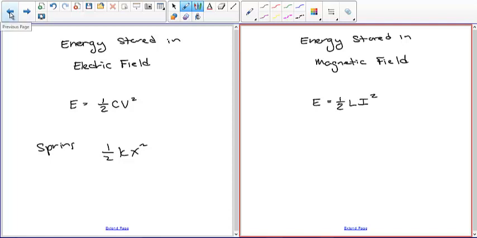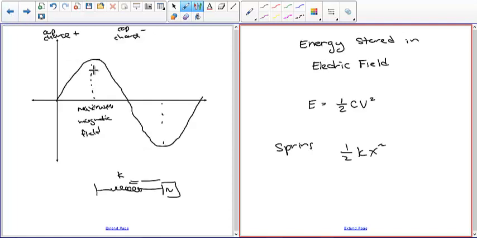If we go back to our picture here, the maximum current is here, so the maximum magnetic field occurs here. There's no energy in the capacitor at this point. Here there's no energy in the magnetic field because the current's zero. Here we have the maximum in the magnetic field and zero in the electric field. Here we have the maximum in the electric field but zero in the magnetic field, and it just switches back and forth.